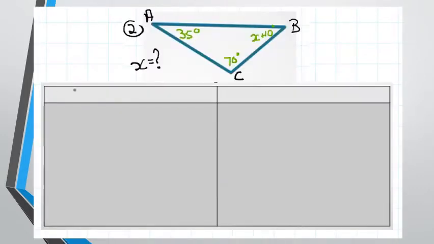Question number 2. Let's start again immediately. Statement, and my reason. If I look at the triangle, immediately I see that the sum of the three interior angles, one of the properties of a triangle, must equal 180 degrees.